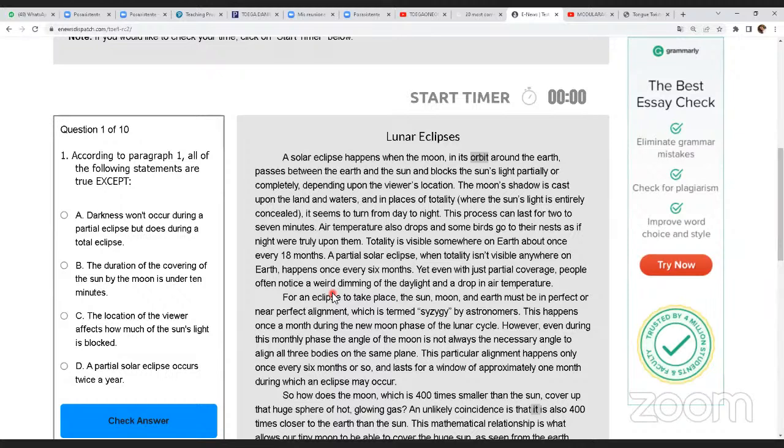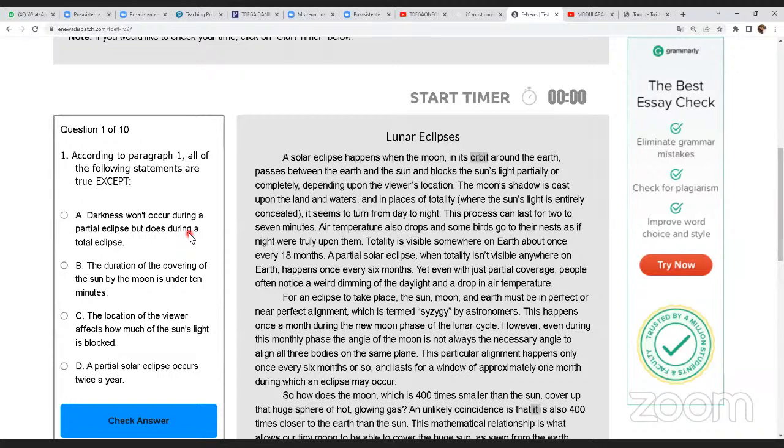Where the sun's light is entirely concealed. Concealed, it could be something like opacado, más o menos. En realidad su traducción correcta sería ocultado, pero como es un poco más formal, podríamos decir como más o menos opacado o algo así, right? Do you get it? Yes, teacher, I got it.